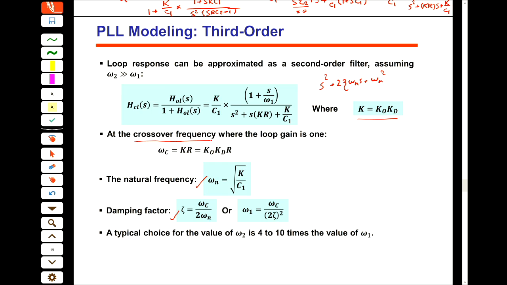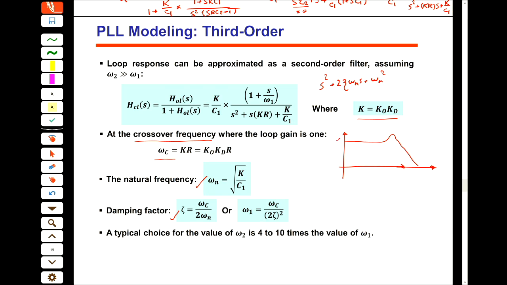This is omega c, the crossover frequency. You know the crossover frequency. If we look at the gain of a low pass filter, it's like this, based on the zeta.